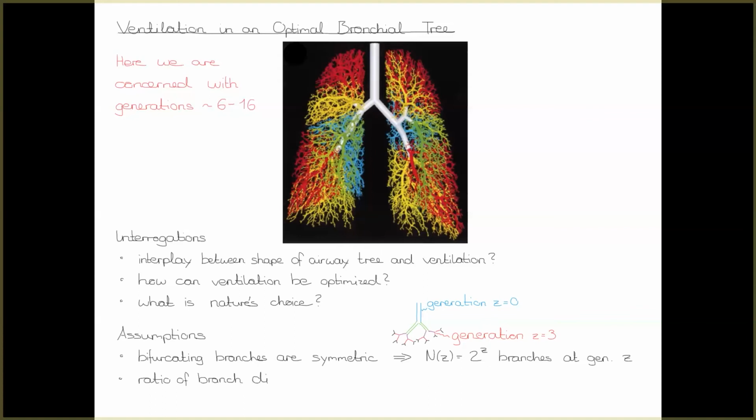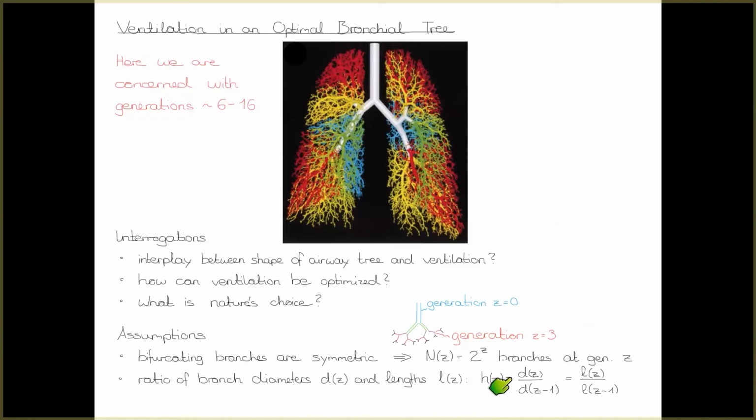Then the ratio, and that's important, that's actually something we would like to investigate. The ratio of branch diameters and lengths from one generation to the next is defined by this H. So for example, the diameter at generation Z over the diameter at generation Z minus 1.